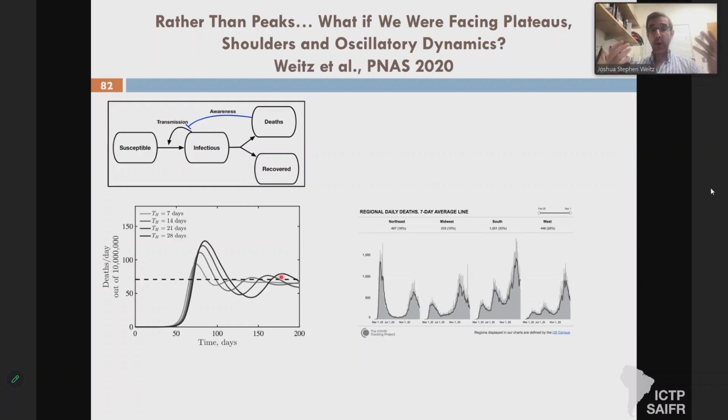This notion of having waves and shoulders was not commonplace knowledge, that this was a feature of epidemic models that could happen when you had this feedback. And yet, if you put it out there, we can get the qualitative feature, but the quantitative feature, as you said, may depend on other things. And I think it certainly has to do with the timing.